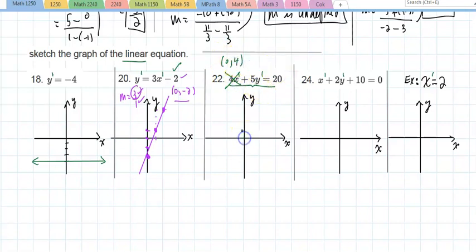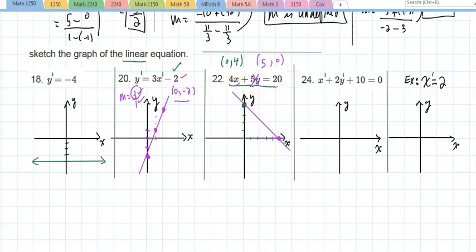That's 1 point. 0, 1, 2, 3, 4. And now if I reverse the order, what if I let y equal 0? If 4x equals 20, divide by 4 on both sides, x would be 5. 1, 2, 3, 4, 5. Connect that with a straight edge.